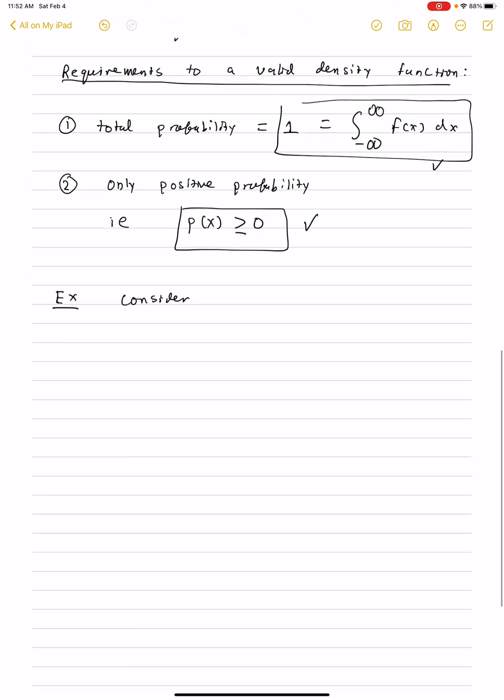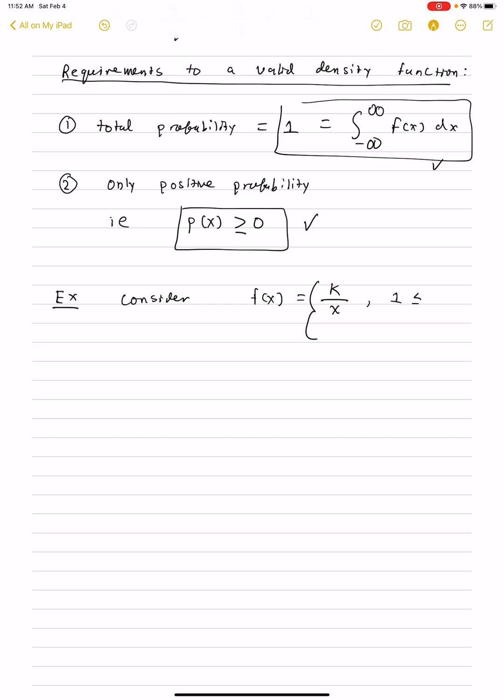Okay, so let's consider this example here. f of x is going to be k over x, where x has to be bigger than or equal to 1 and less than e squared, and this is 0 else.